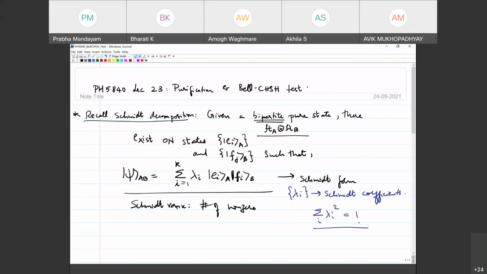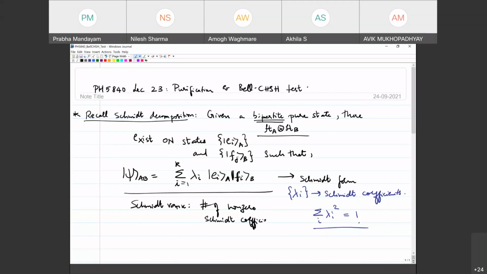Actually, I'm not sure whether Chandra used a square root here. So did he put a square root on lambda_i? No, it was exactly in this form. Okay, good. And the number of non-zero Schmidt coefficients is what is called the Schmidt rank.